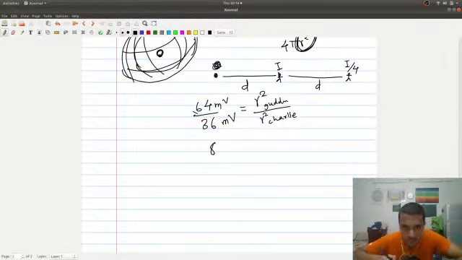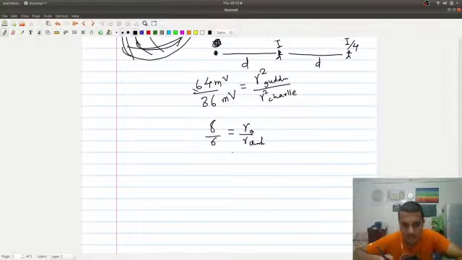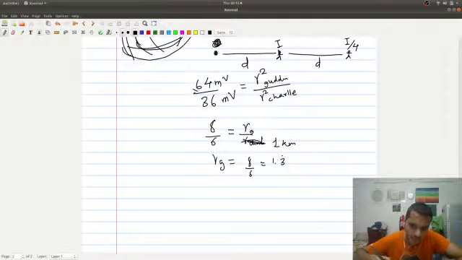And then obviously it would be 8 by 6 equals r Guddu by r Charlie, right? And we know that r Charlie is 1 kilometer. So r Guddu is 8 by 6, which is 1.33333. Okay, right? 8 by 6 is that much.